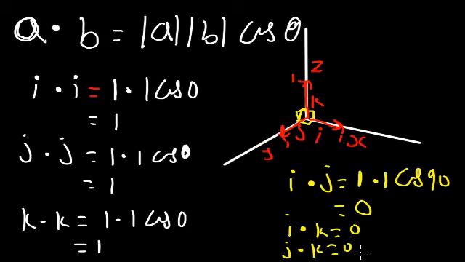So, what conclusion can we actually draw from this analysis? What you need to keep in mind is that we can prove that two vectors are perpendicular once we can show that their dot product is equal to 0. And at the same time, we can prove that two vectors are parallel once their dot product is equal to 1.